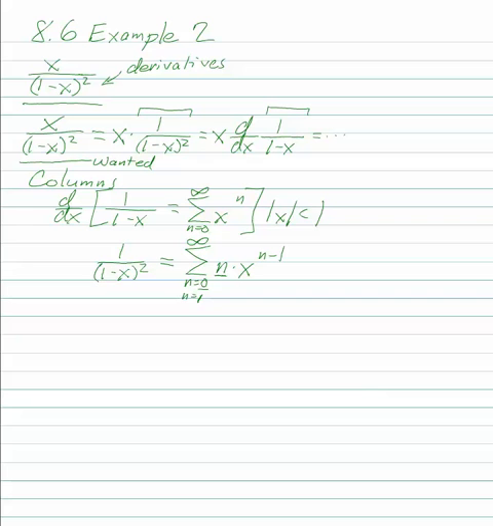Now we look back at what we wanted up here. The only difference is there's an x on top. So I'm going to take both sides of my equation, and I'm going to multiply them by x. On the left, that gives me the equation x over (1 minus x) squared. And on the right side, that gives me x times the series from n equals 1 to infinity, n times x to the n minus 1.